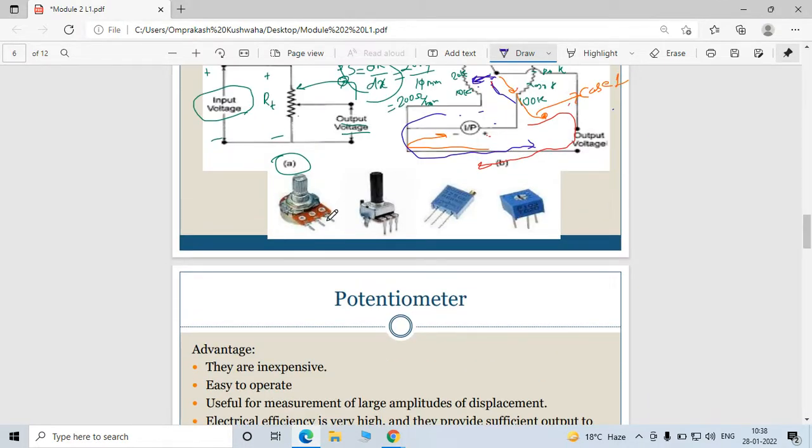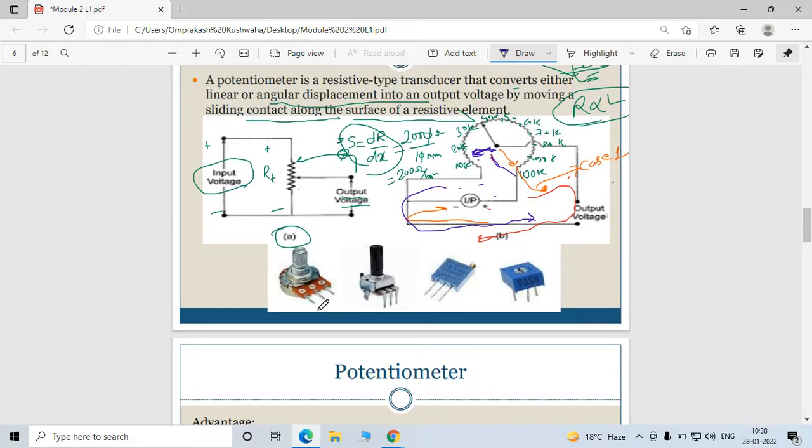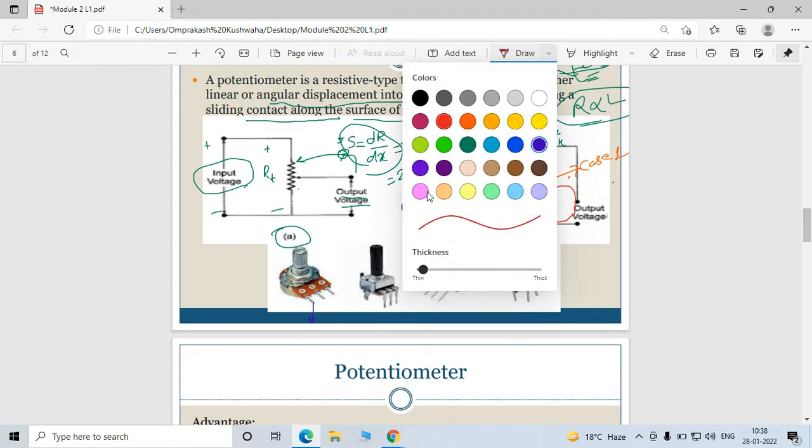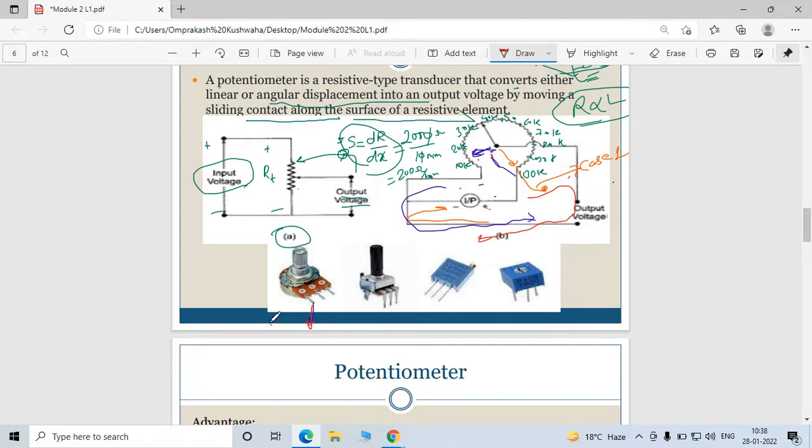Now see, these are the samples of your potentiometer. This is your input terminal. Okay, this terminal is your input terminal, and the last one is your output terminal.